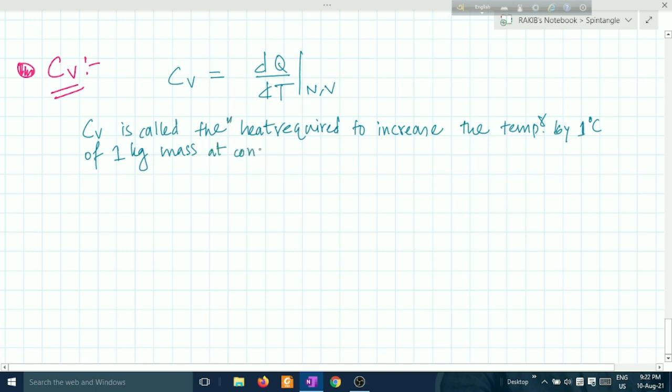Also, N will be constant there, because if N increases, the volume will automatically increase. So 1 kg of mass at constant volume is called CV. I have written it. Therefore, from this definition, you can see that CV becomes this.